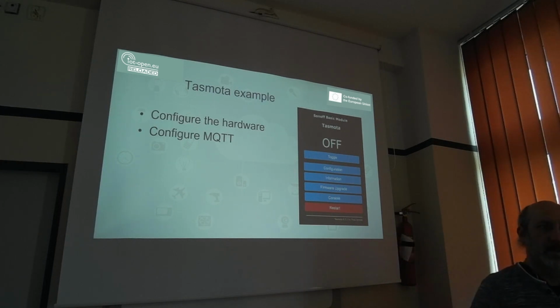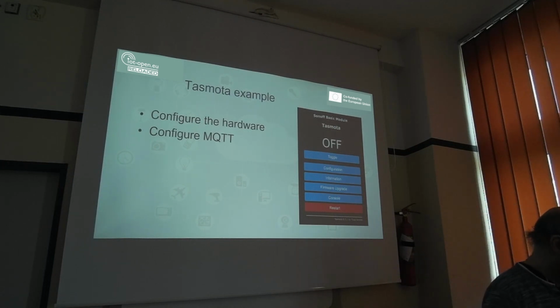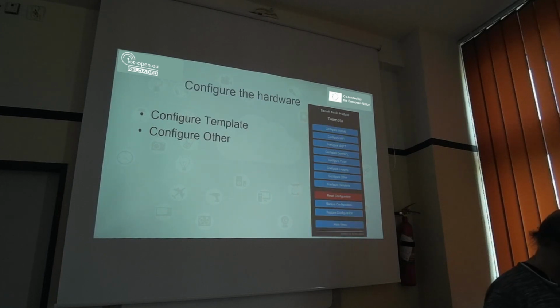This is how the basic Tasmota view looks after first connecting. We don't have many possibilities here, but we have the configuration available. After clicking configuration, we can configure the module, Wi-Fi credentials, MQTT configuration, compatibility with domotics, and also configure a template or configure other.